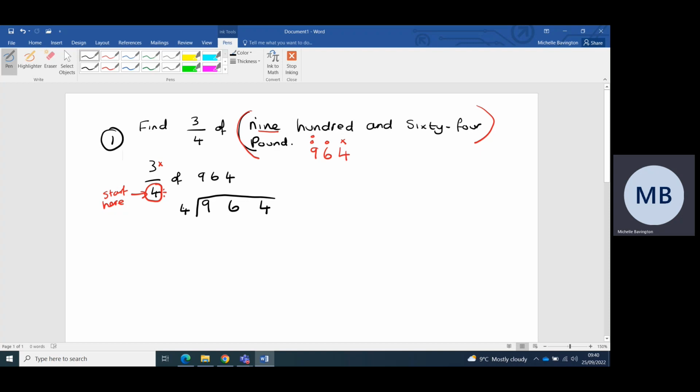Right, 4 into 9 goes 2, and that remains 1, 4 times 2 is 8. The remainder is 1. Now I'm working with 16 because that's my remainder there. So 4 into 16 goes 4. 4 times 4 is 16, so there's no remainder. So I'll go to the next number. 4 into 4 is 1. So our answer is 241.